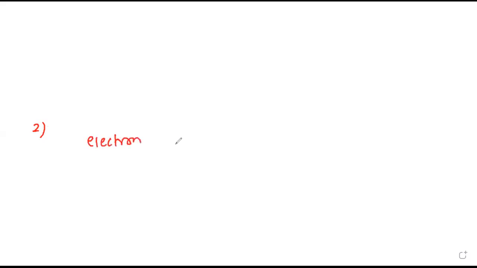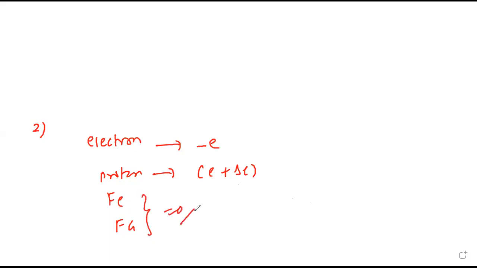Electron charge is minus E and proton should be plus E, but they are telling us they differ by delta E. If the net electrostatic force and gravitational force between two hydrogen atoms placed at a distance apart is zero, then delta E is of what order?